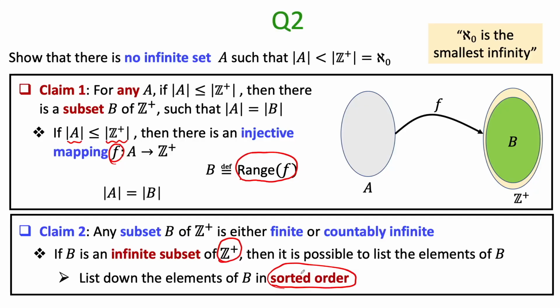So depending upon which elements are there in B or which are not there in B, in the sequencing of Z plus we can first remove all the elements which are not there in B. And if you arrange all those remaining elements in sorted order, then that gives you a valid listing of the elements of the set B. And if we have a valid listing of the elements of an infinite set, then that's a countably infinite set. So that shows that your subset B is countably infinite, which proves your claim number 2.